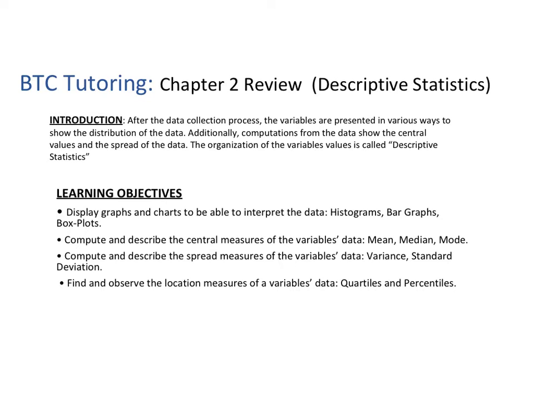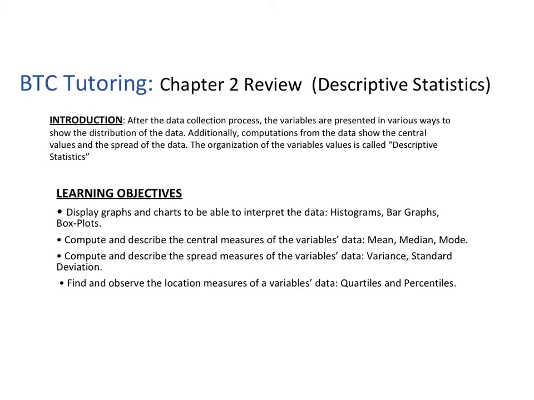Our learning objectives in this chapter are to display graphs and charts to be able to interpret the data. We're going to look at histograms. We won't look at bar graphs in this particular review, but it shows you in the worksheets, and box plots.